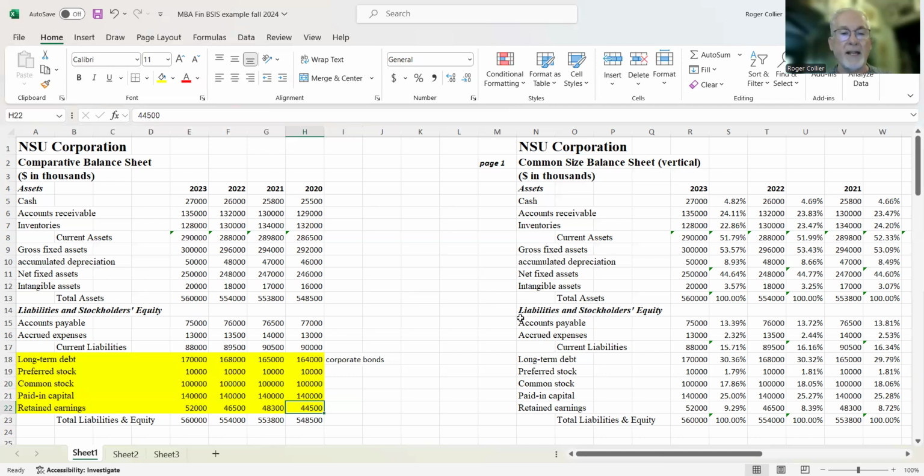There are only 3 providers of capital: the investors who buy the bonds, bondholders; the investors who buy the preferred stock, preferred stockholders; and the common stockholders that both buy the common stock and allow the company to keep the retained earnings.